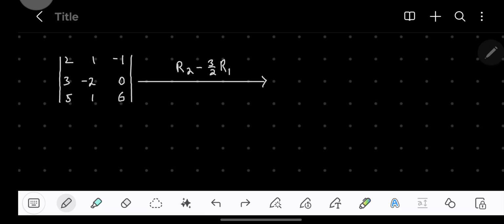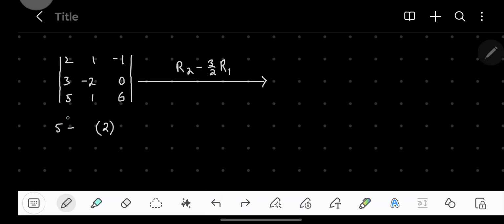And similarly, you have to make this entry 0 too. How to make this entry 0? If you write this entry 5, then minus something times the pivot entry 2. So what should you write here?